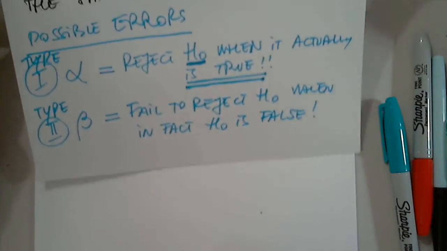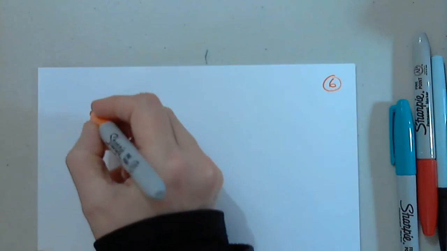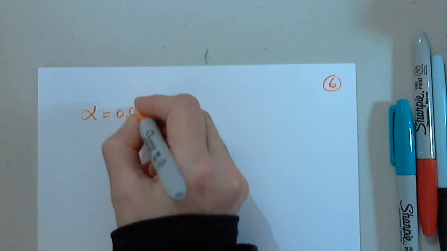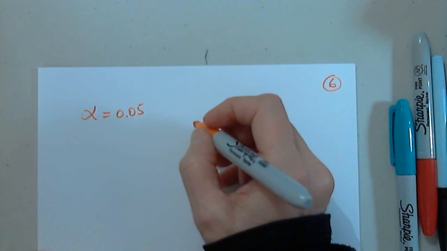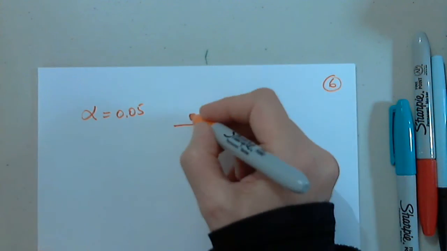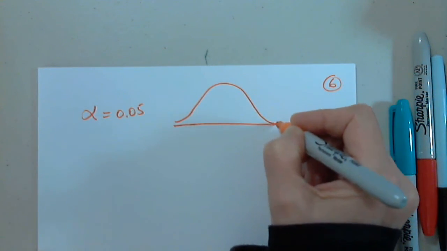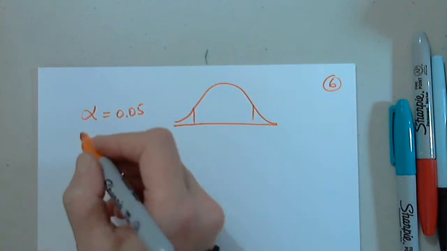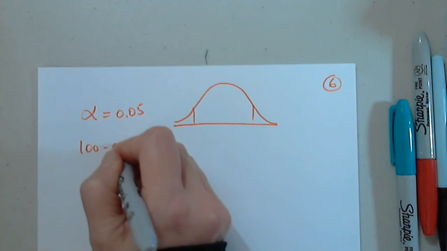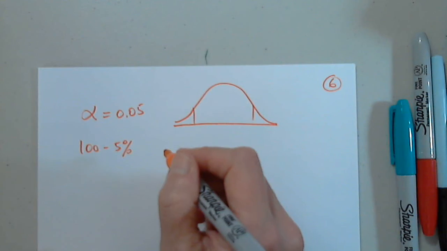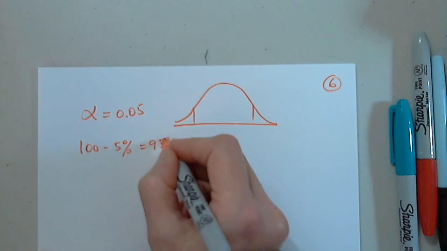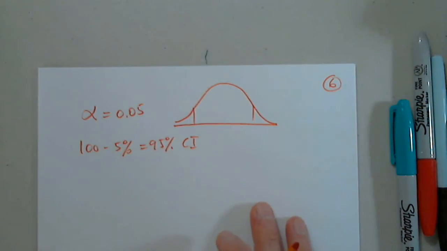Okay, so finally, let me get back to what I was trying to say a few minutes ago. So alpha, for example, if alpha is 0.05, then we are looking at a confidence interval of 100 minus 5%. So this is a 95% confidence interval.